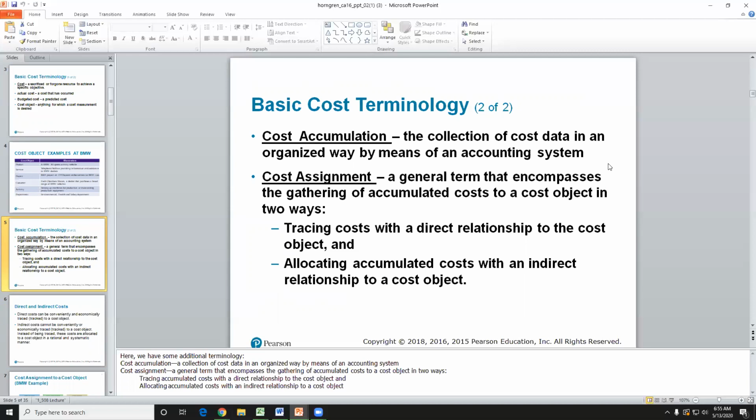When it comes to direct cost, like direct material and direct labor, I can usually trace those directly to the cost object. When it comes to overhead cost, I have to decide how I'm going to assign my overhead cost in a way that makes sense. And that's going to be a little bit tricky. When we get into activity-based costing, we'll see some of the challenges that come into play. But right now, we're just understanding the basic cost terminology.